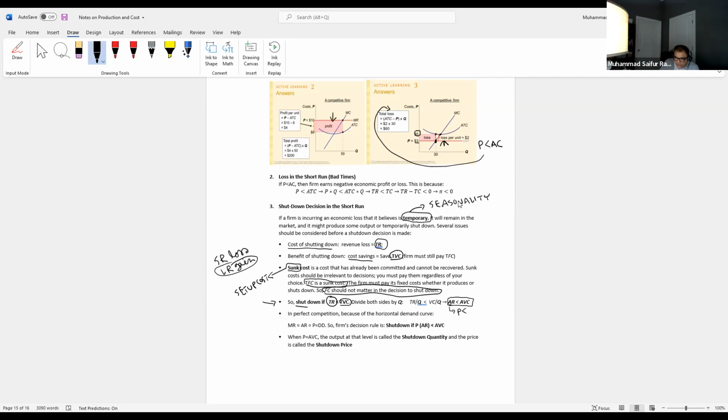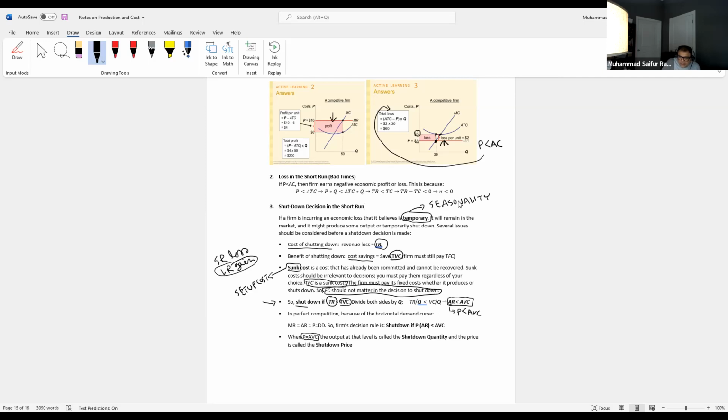So the shutdown condition is that if the price is smaller than average variable cost, our firm would shut down. Okay, so that basically filters into the formal shutdown condition, which is P equal to average variable cost.